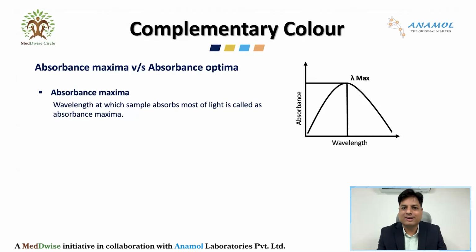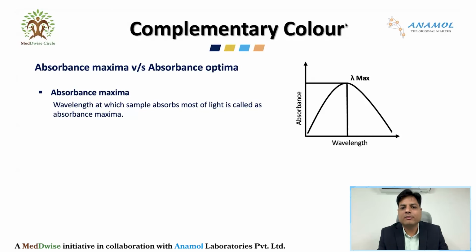There is a point which is called lambda max. See, here is the point. At this particular wavelength, the absorbance shown by the colored solution is the highest. Beyond this point, if we increase the wavelength, the absorbance of the light by the solution will reduce.